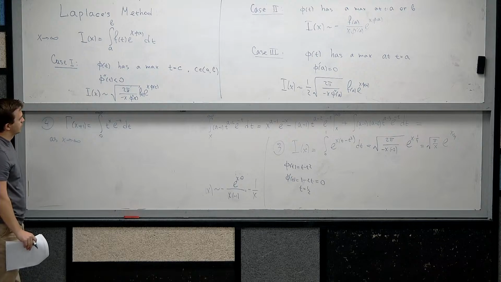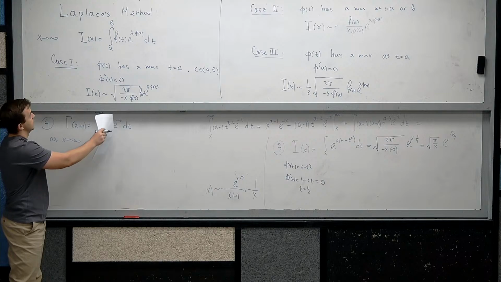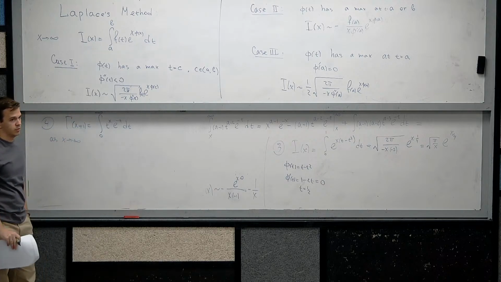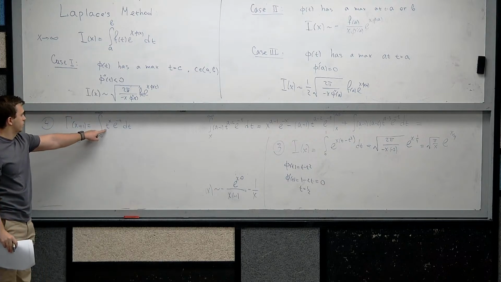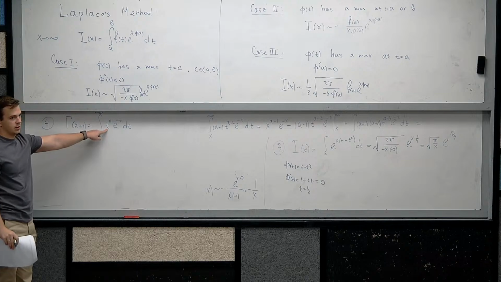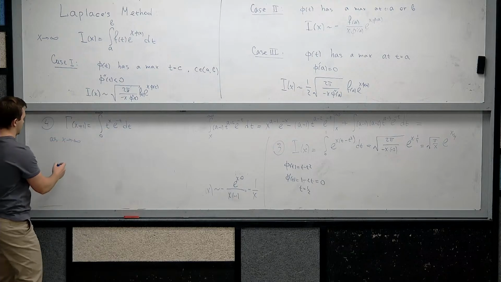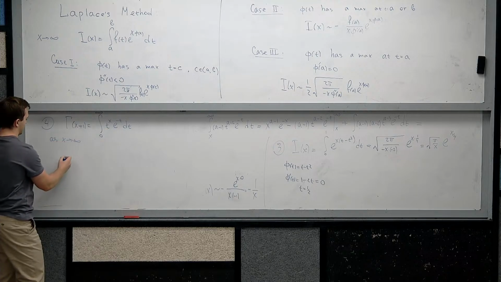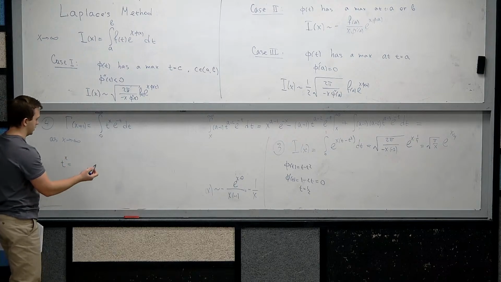But we don't have an integral like this here. So what we're going to do is write t^x as e^(x ln t), so basically we'll use the definition of the gamma function.